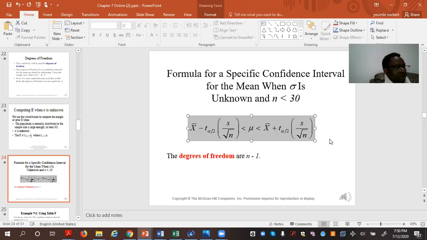Minus 44.2. You should get 43. The lower value is 43, is that right? Yes. And then the upper value 45. Yes. That's good.